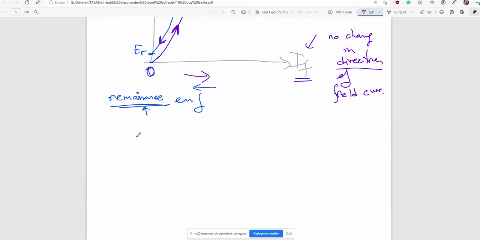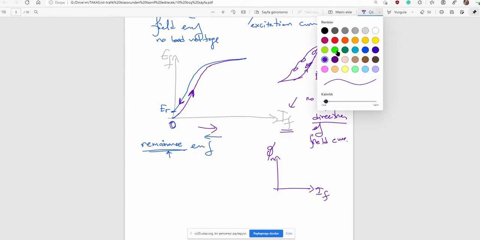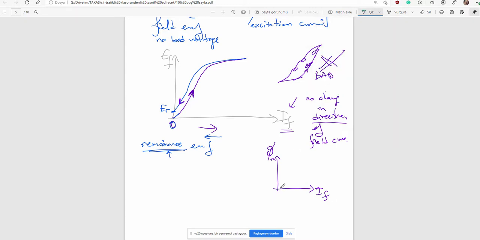That is the no load curve. Ladies and gentlemen, you remember that this is in fact due to field current versus flux. The relation comes from here. That is phi r. You remember from Electric Machinery course 1.